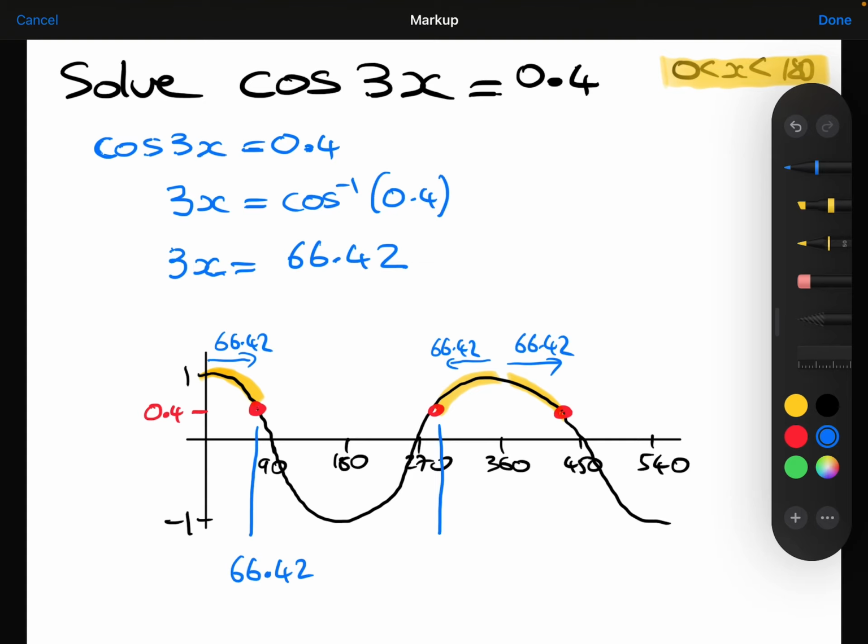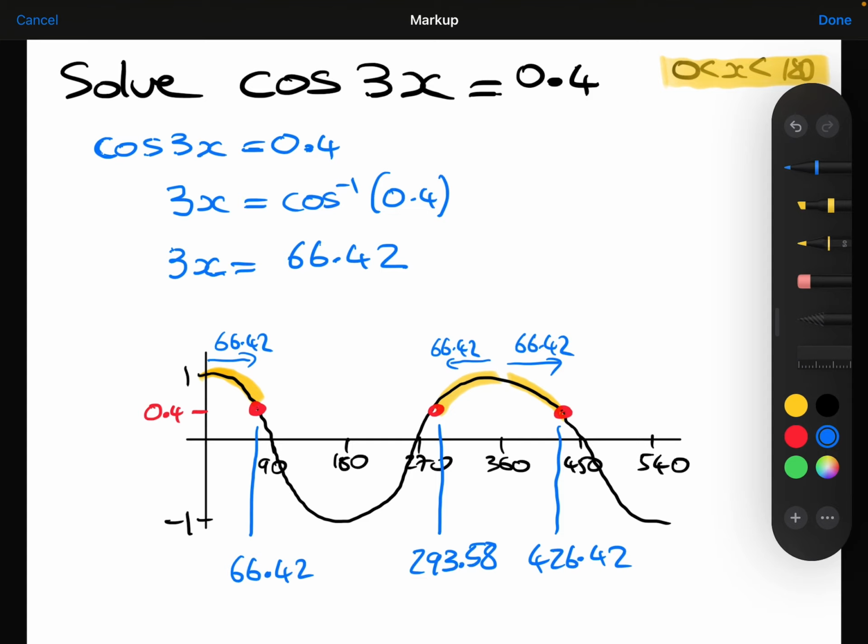And then this is going to be 360 minus the 66.42, which will be 293.58. And this is going to be 360 plus 66.42, which gives 426.42.